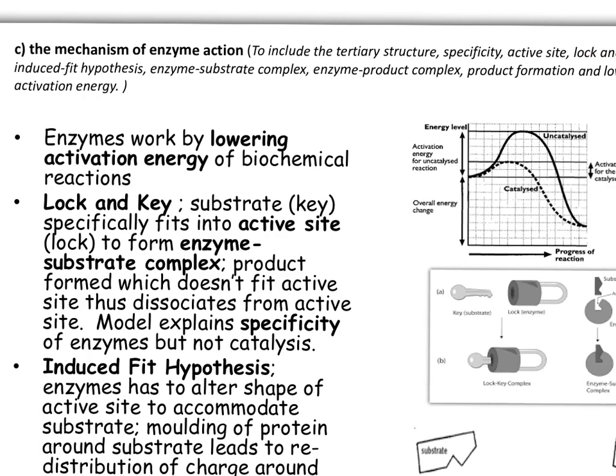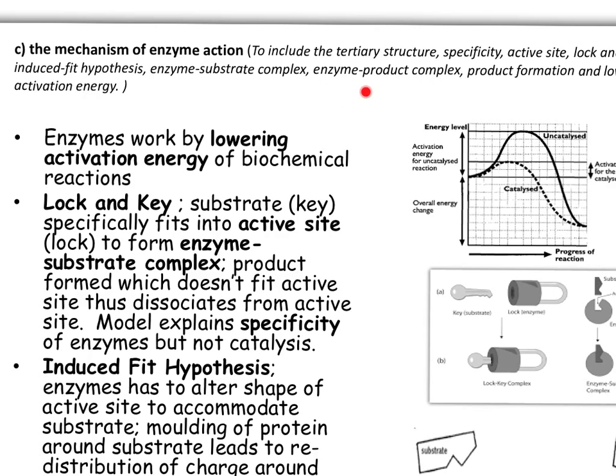You should understand what we mean by the lock and key hypothesis. You should understand that when an enzyme binds to a substrate, a chemical association occurs between these two substances, which we call an enzyme substrate complex. That results in an alternative pathway for the reaction to occur, which reduces its activation energy, which results in the production of an intermediate called the enzyme product complex.